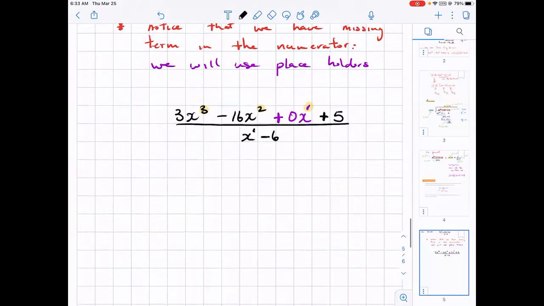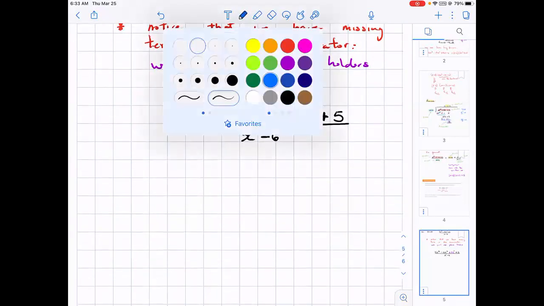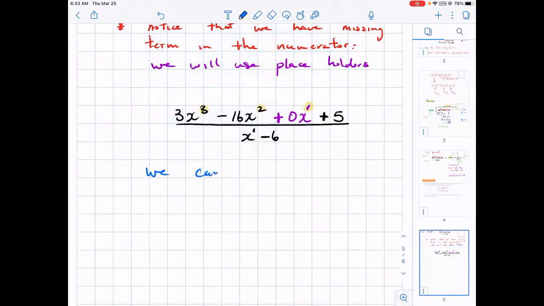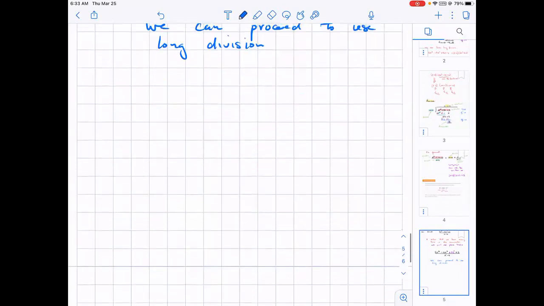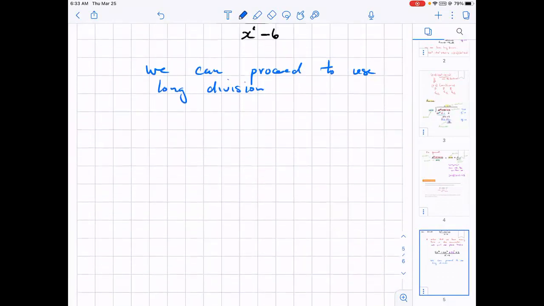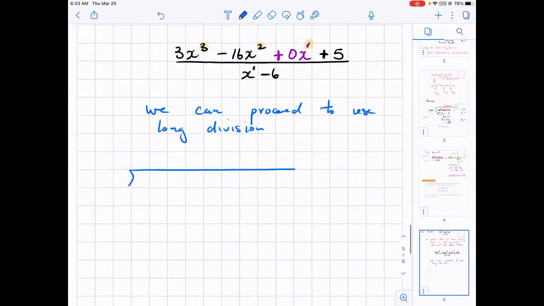Now we can proceed to use long division. So if we set it up the way we're setting up, we have x minus 6 out here.